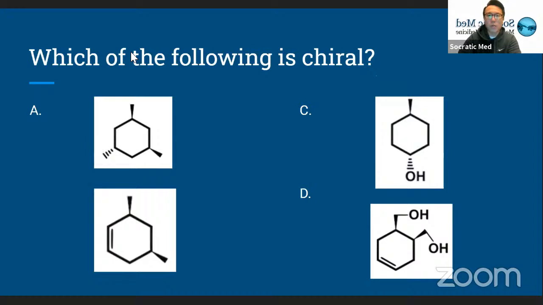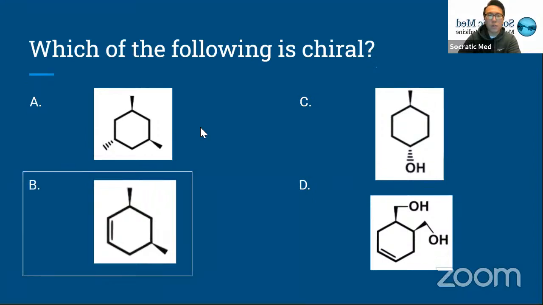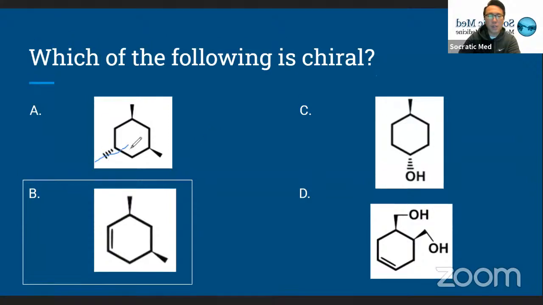So if you take this molecule and cut it down the middle, down these 2 carbons, it's a symmetrical molecule. So that would not be chiral because it has that internal plane of symmetry.